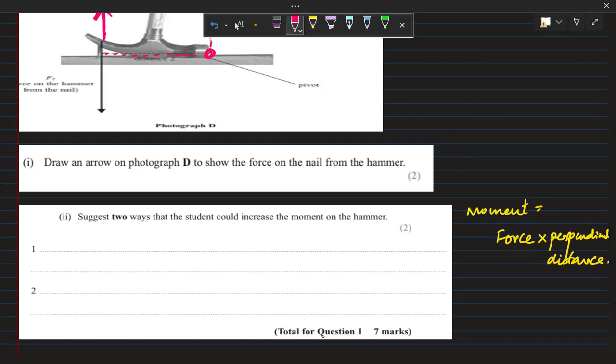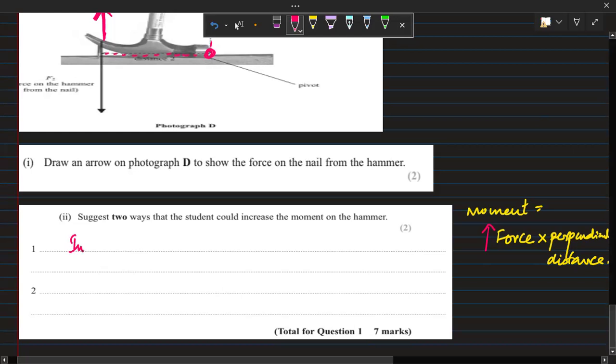Either you can increase the force, keeping the perpendicular distance the same, or you can increase the perpendicular distance, keeping the force the same, okay, right?